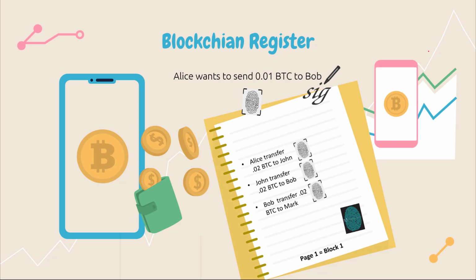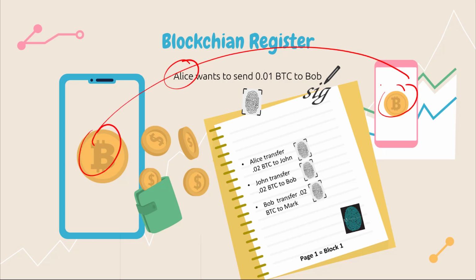So let's say Alice wants to transfer some Bitcoin over to Bob. She wants to transfer 0.01 BTC to Bob. What she's going to do is provide a signature, digitally signing this transaction, and this transaction is sent to the blockchain.